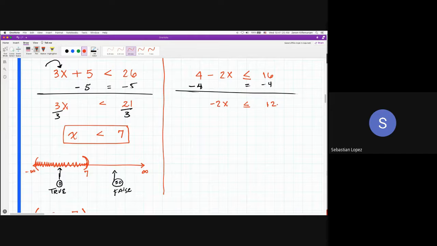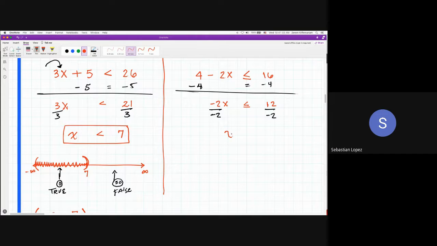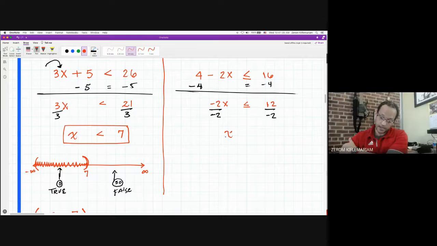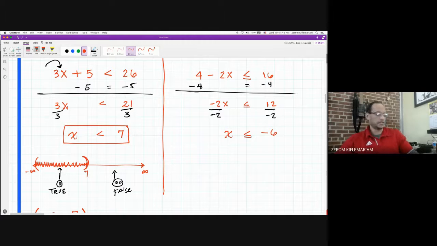Divide out the -2. Divide by -2. And I have what? -6. X less than or equal to. Right? All right, so thank you.